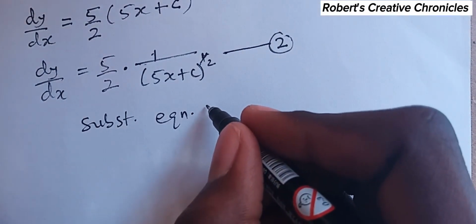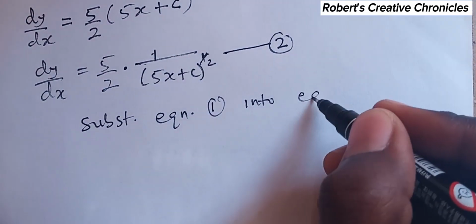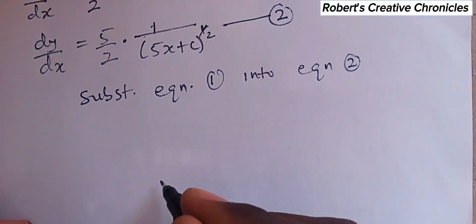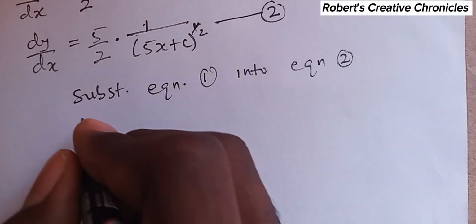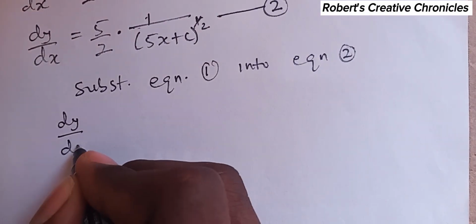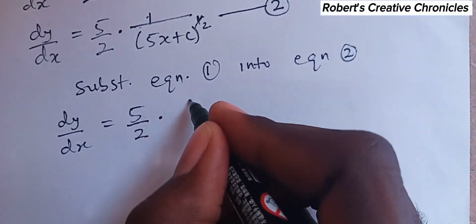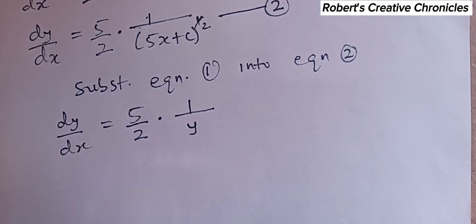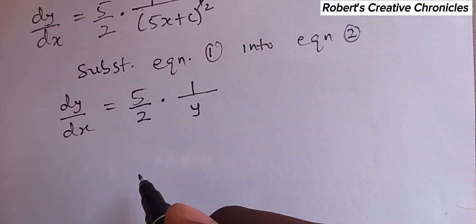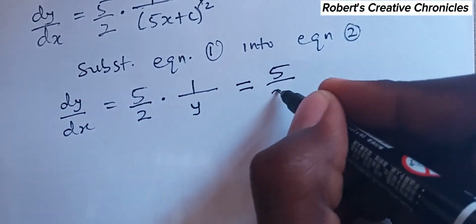When we substitute it, we'll get dy over dx equals 5 over 2, 1 over y, which equals 5 over 2y.